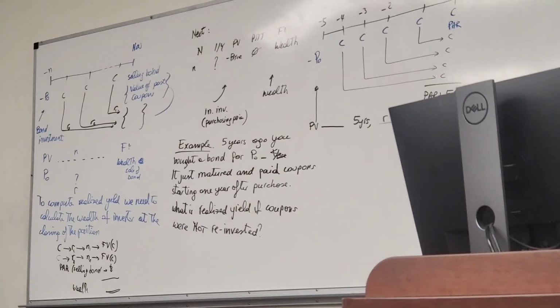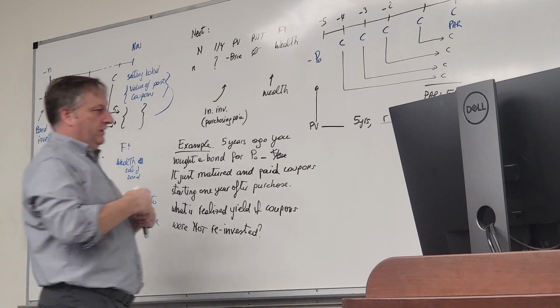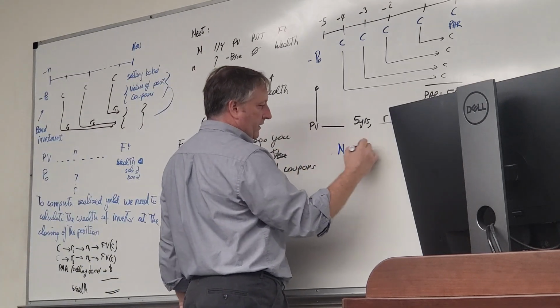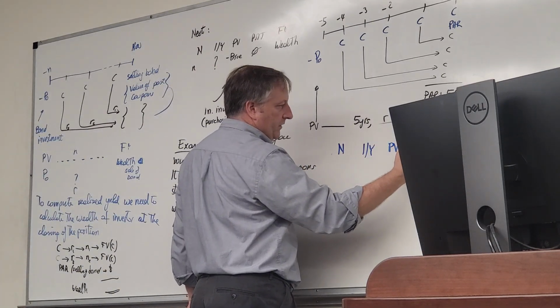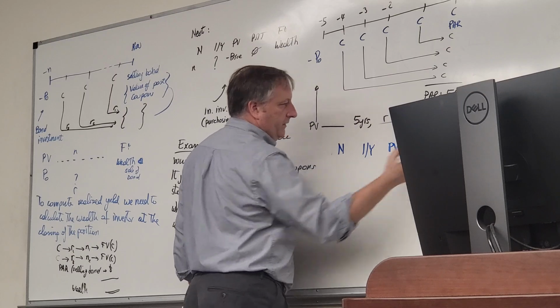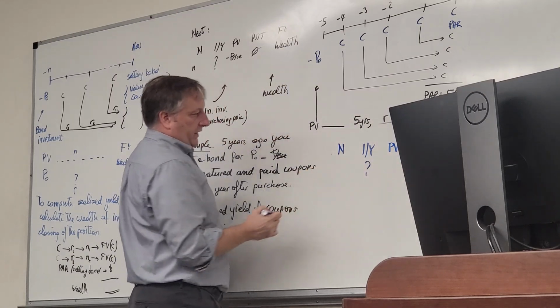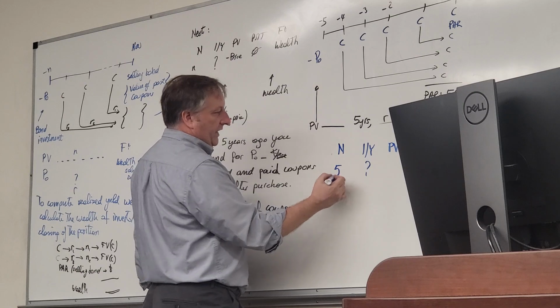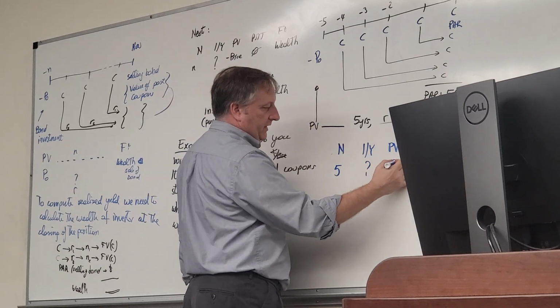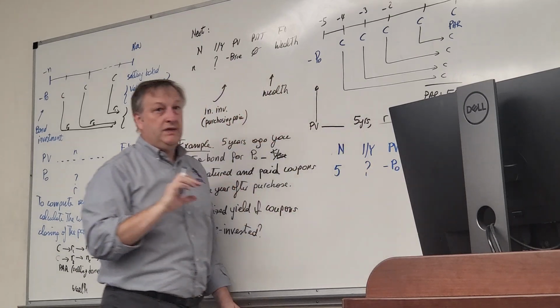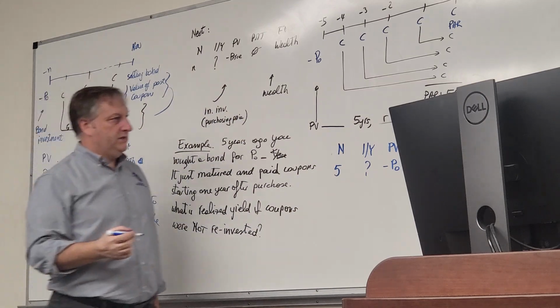Okay. So the way you do it in the calculator is N, I/Y, PMT, and FV. The interest rate is what we're looking for. N is going to be your 5 years. Your present value is minus $0. You're treating this as a lump sum, so payment is going to be 0.